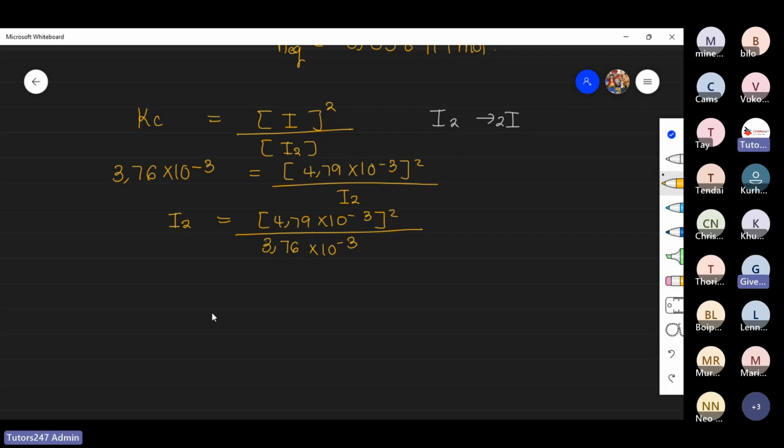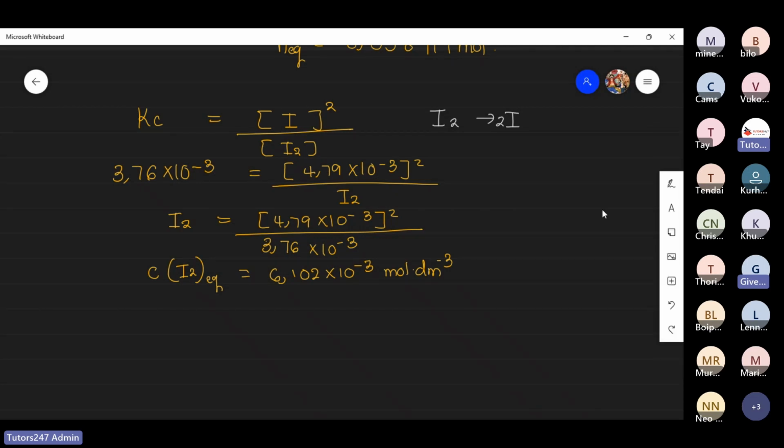And that should give you the concentration of iodine molecules at equilibrium as equal to 6.102 times 10 to the power negative 3 moles per decimeter cubed. Okay, so we have now found the concentration of iodine molecules at equilibrium.